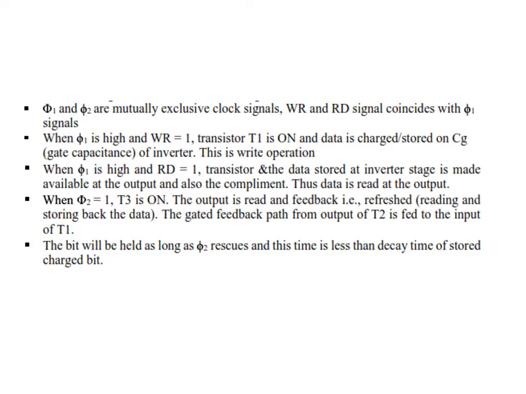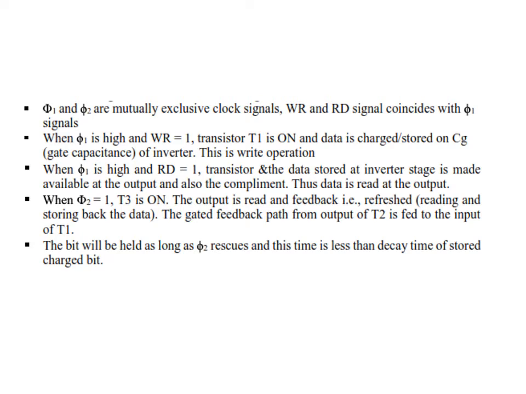The read control input is for reading the data, and the write control input is for writing the data, and the signal coincides with the phi 1 signal. When phi 1 is high and write is equal to 1, the transistor T1 is turned on. The data is charged and stored as gate capacitance CG of the inverter.